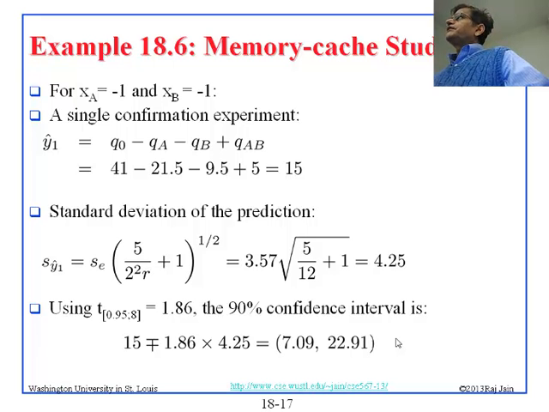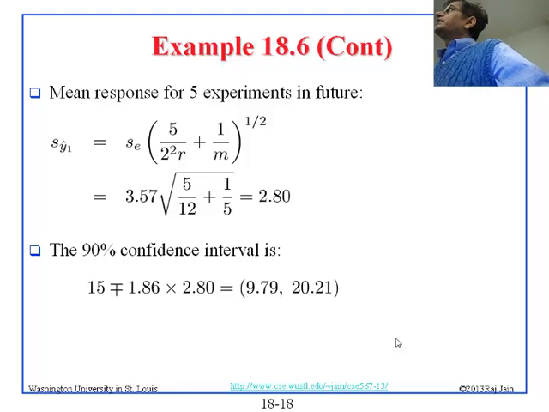You have already measured 15 out of 3, but basically now your confidence interval says that the next measurement that you take, the 4th one, could be anywhere from 7 to 22. On the other hand, if you are going to take 5 more experiments, just for the sake of it, so you already have 3, and based upon that you are predicting 15, then your confidence interval would be this, 9 to 20.